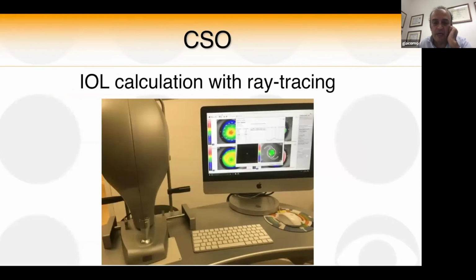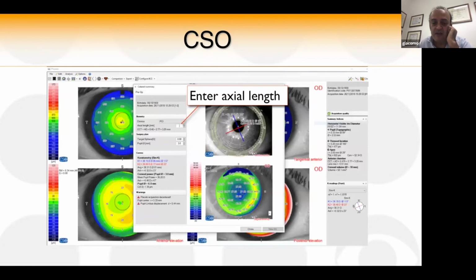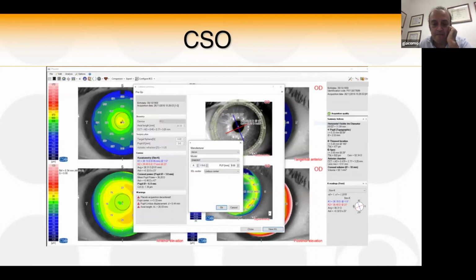And how can we calculate the IOL power? This is very, very easy. You just have to enter the axial length after you did a scan, and you have to enter the IOL. I don't know which IOLs you are implanting from which manufacturer, but it does not matter so much.